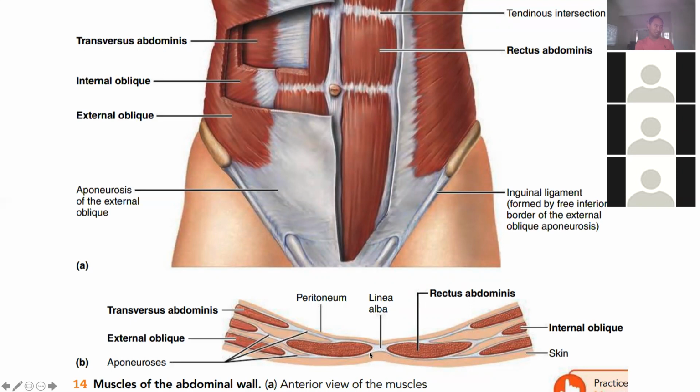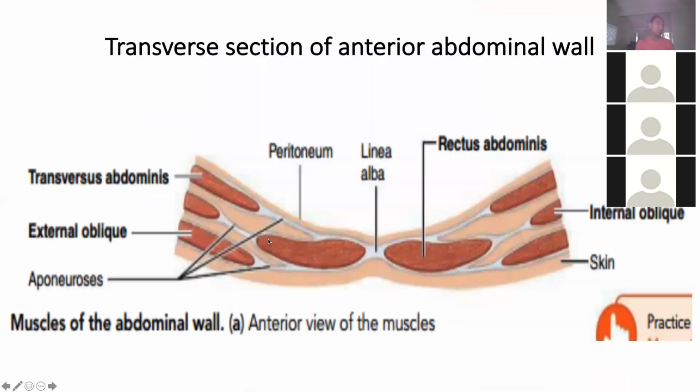They form the rectus sheath and meet in the center. This is what we were talking about with the gastrointestinal tract. But does it happen everywhere? No, there is some exception.